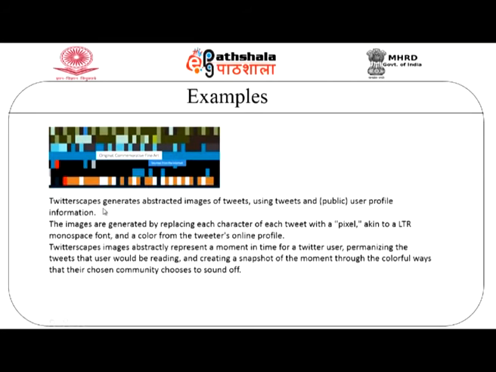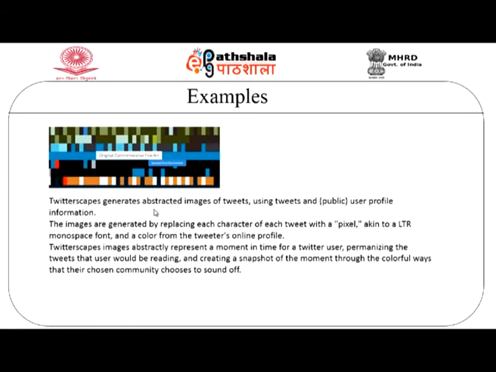This Twitterscape generates abstracted images of tweets using the tweets as well as the public user profile information that is available. These look like certain images, and the images are generated by replacing each character of each tweet with a pixel, similar to a monospace font, and a color is selected from the tweeter's online profile.